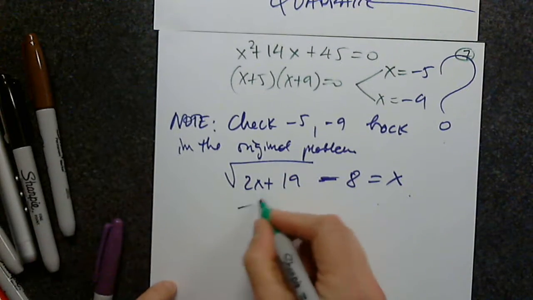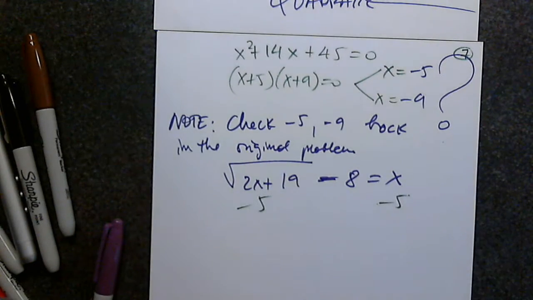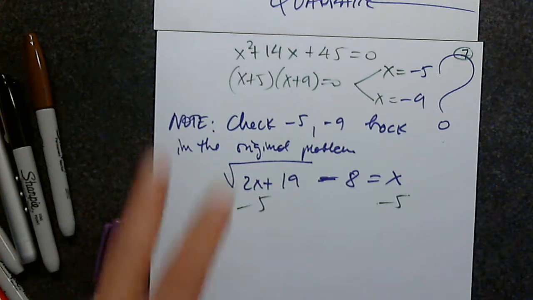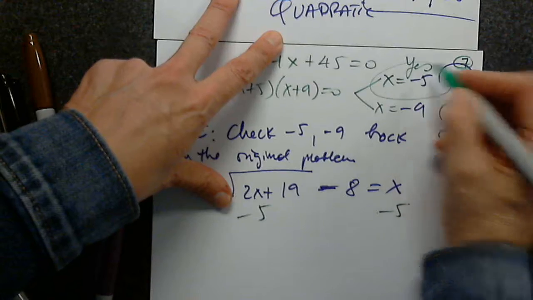Let's see if we get this -5. So 2 times -5 is -10. -10 plus 19 is? The square root of 9? 3. 3 minus 8? Boom. Acceptable or not? Yes. Acceptable.